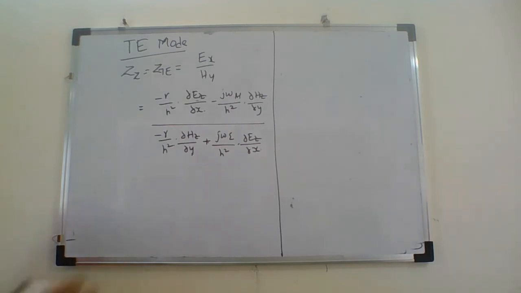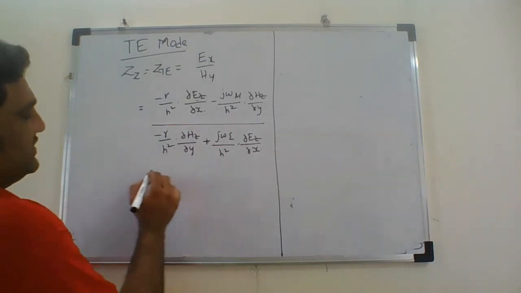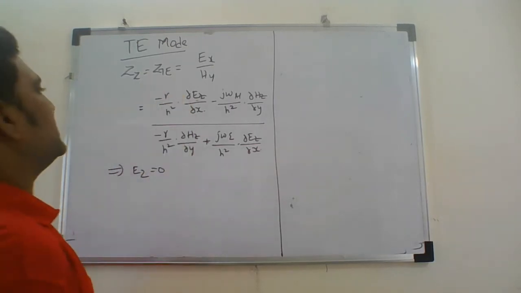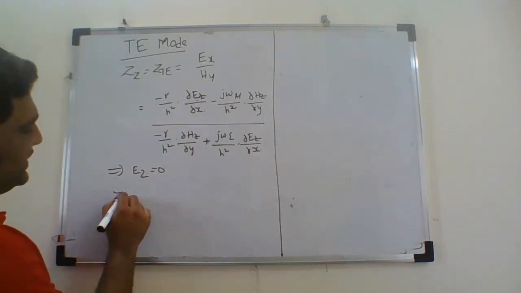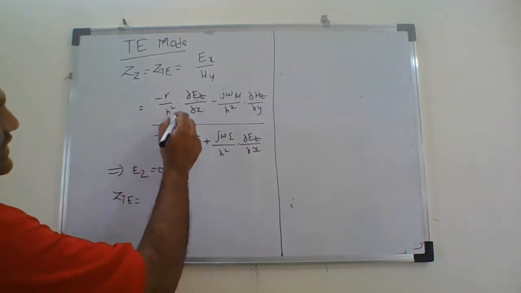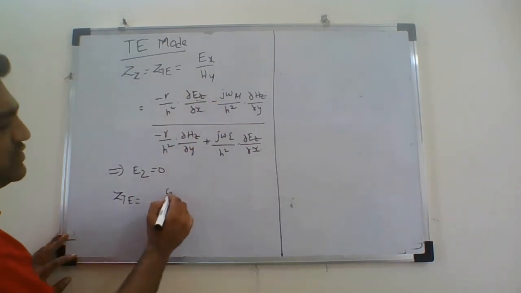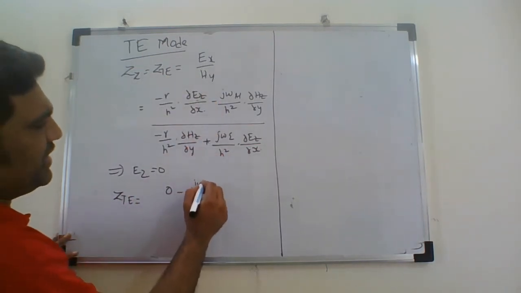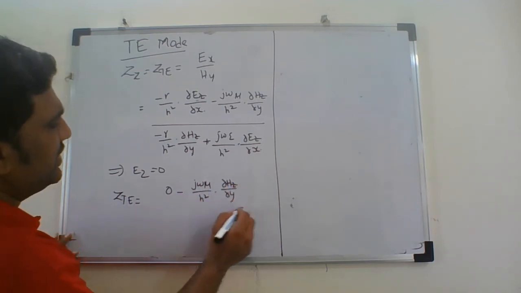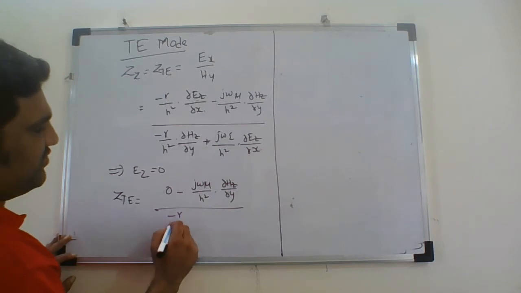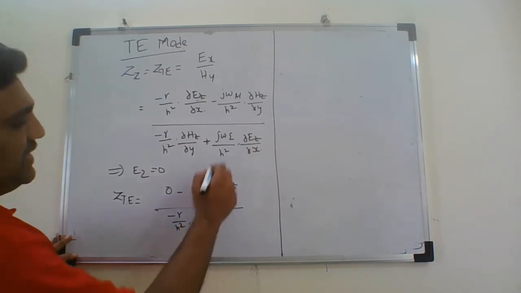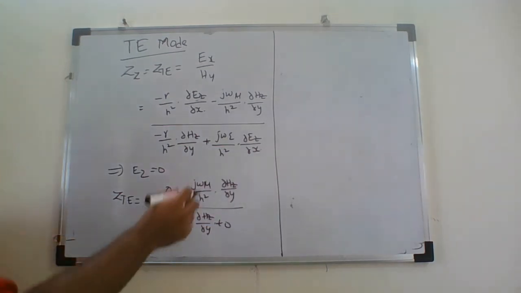Now, because this is a transverse electric mode, let us substitute Ez equal to 0. So ZTE is equal to, this term will become 0, minus j omega mu by h square into dou Hz by dou y divided by dou Hz by dou y, plus 0. This is what I get.